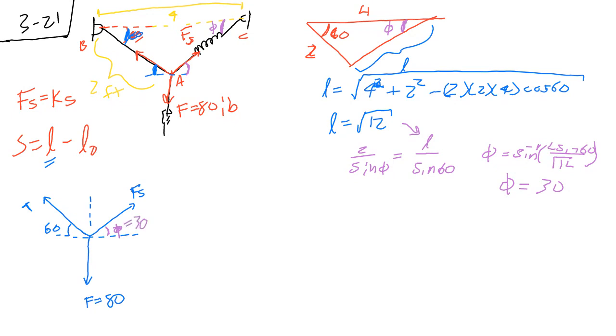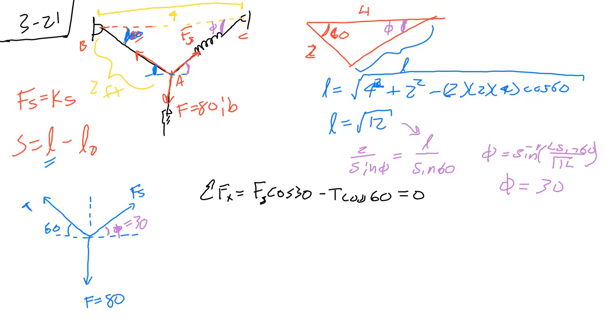Okay, now we can go ahead and get the sum of the forces. So sum of the forces in X: spring force times cosine 30, which is square root of 3 over 2, minus tension T cosine 60 equals 0.